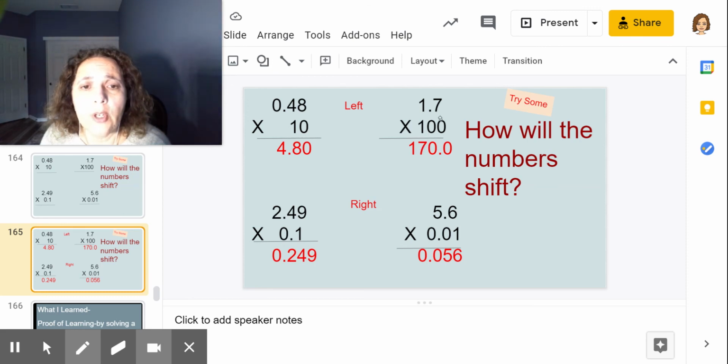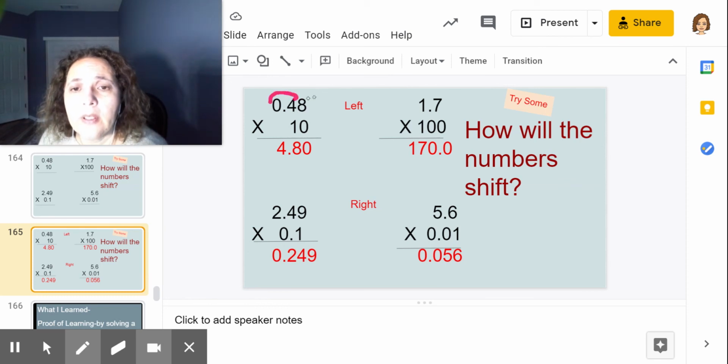Add my 2 zeros, and it becomes 170. Notice 1.7 is 100 times bigger now, it's 170. And 48 hundredths becomes 10 times bigger and it becomes 4.8. Notice how this one moved over 1 place here, and then the 8 moved over 1 place here.